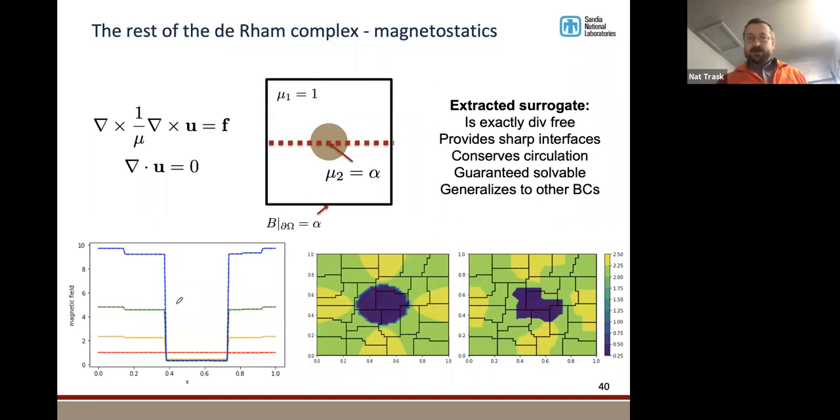The same thing works for electromagnetism. Down here, this is a similar thing. The diffusion coefficient, in this case permittivity, is proportional to the magnetic field being imposed. The thing to notice is this plot in the bottom left, where I'm looking at the profile of the magnetic field that gets fit across this line.